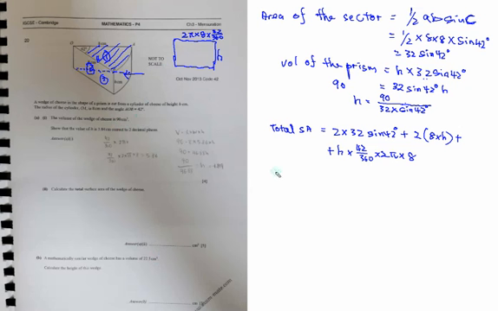Now, so volume of larger over volume of small, which is this one. So this is equal to 90 over 22.5. Remember, the ratio between the volumes is what gives you the scale factor.